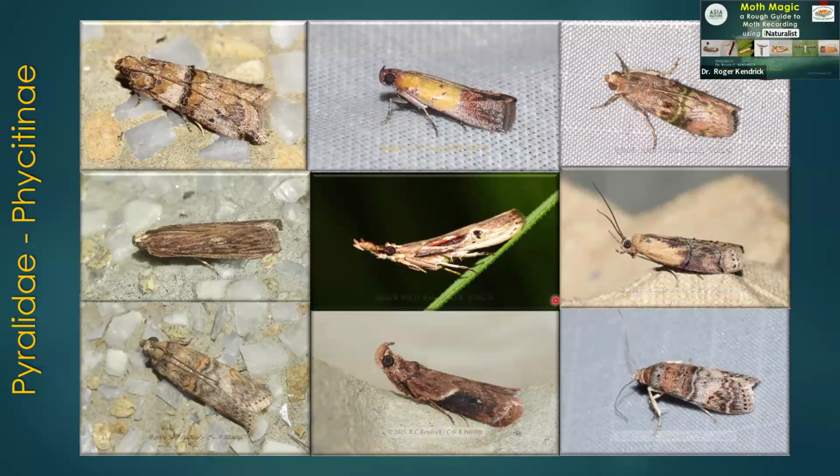Female phycitines, this one here, for example, don't have the antenna modified at the base. All are elongate forewing, fairly broad hindwing if you look at voucher material, but the hindwing is tucked away nicely, folded away, and very elongate posture, but usually resting either flat to the substrate or slightly protruding from the substrate at the front end.